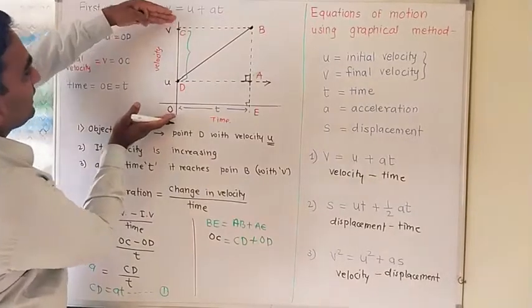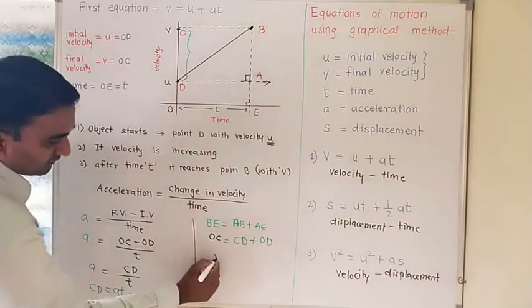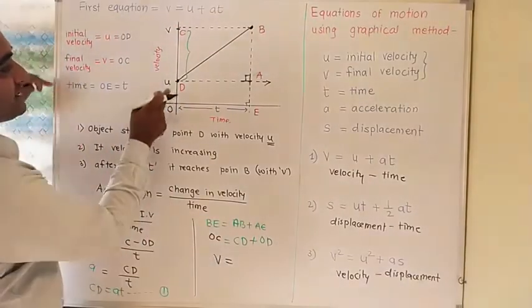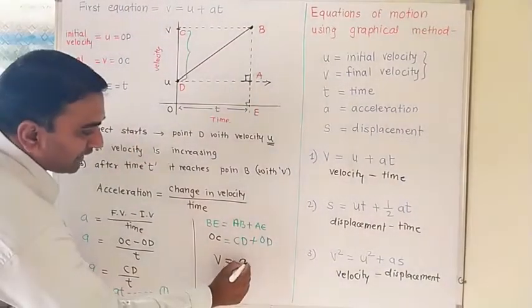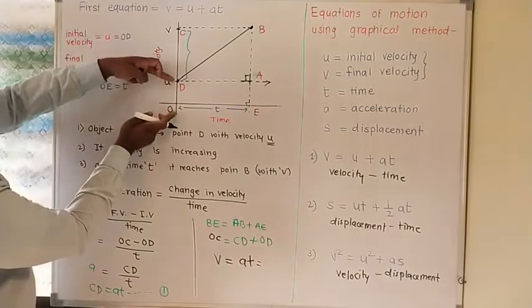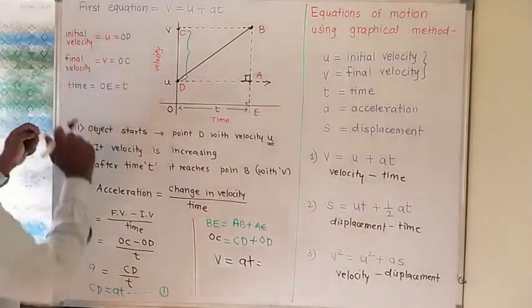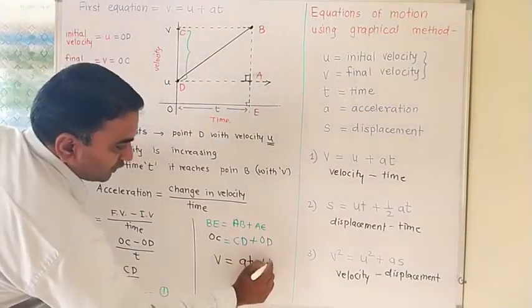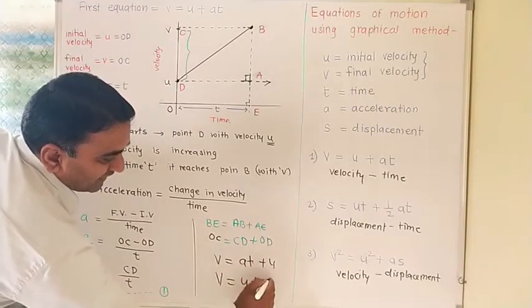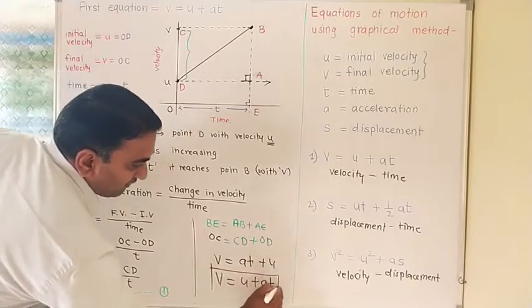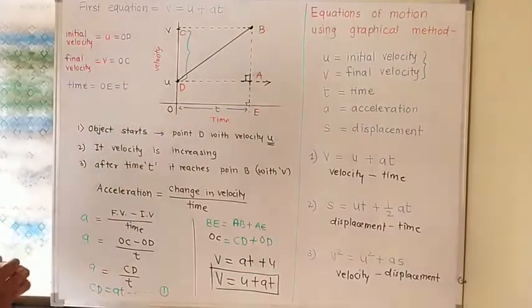But OC is equal to v. What is CD? Here from equation 1, CD is equal to at. And OD is equal to u. So finally we are reaching v is equal to u plus at. That is the first equation stated by Newton that we have got.